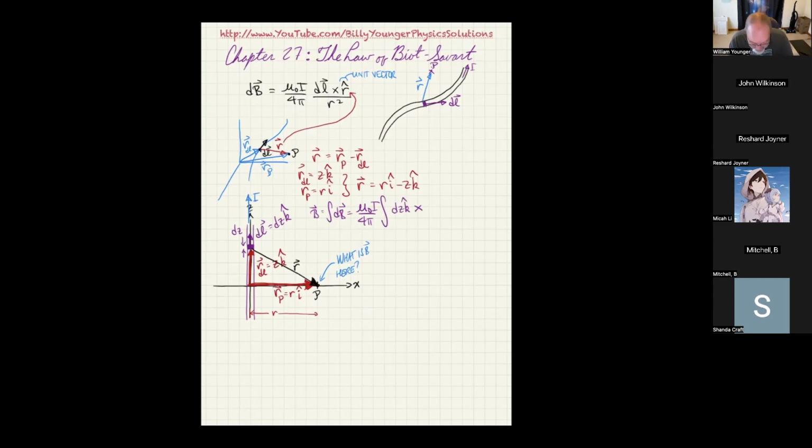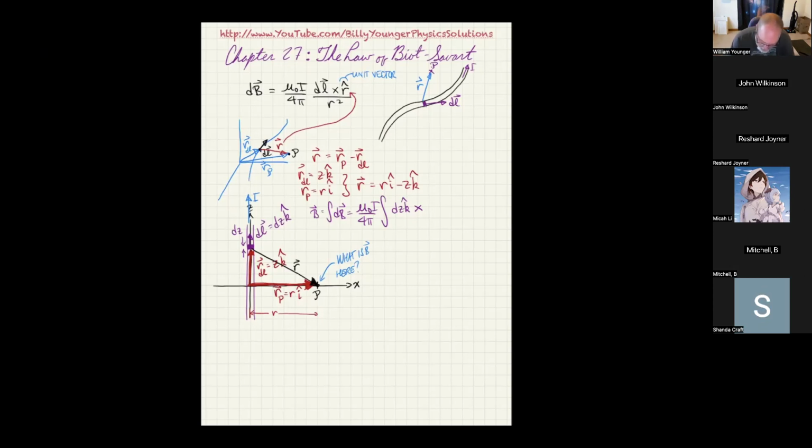We could leave that vector as r hat, but that means we'd have to compute the unit vector that represents r. In other words, we calculate r, which I just did, find its magnitude, which is the square root of r squared plus z squared, and then multiply the vector r by 1 over the square root of r squared plus z squared, and that's r hat.